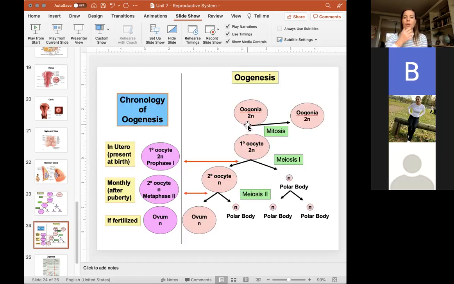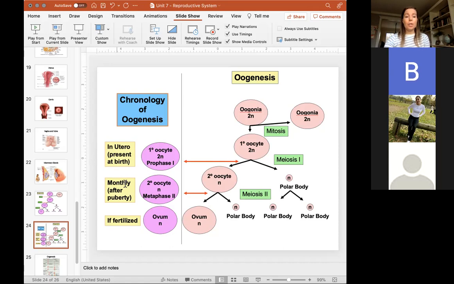So here's another, I have a couple, these are all within the PowerPoint that I've provided you, but here's another slide that kind of shows you a little bit more where the pauses occur. So at birth, this is what you have. You have primary oocytes. And you continue to have these primary oocytes surrounded by those cells until puberty.